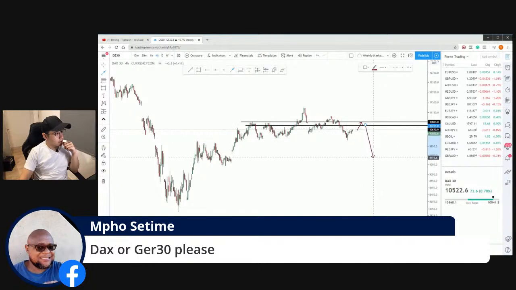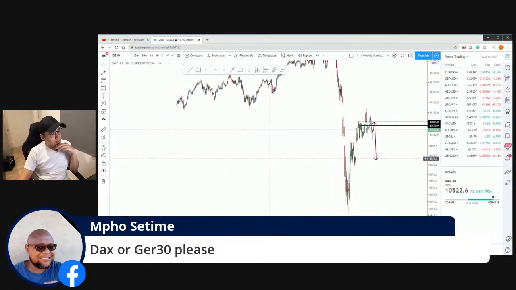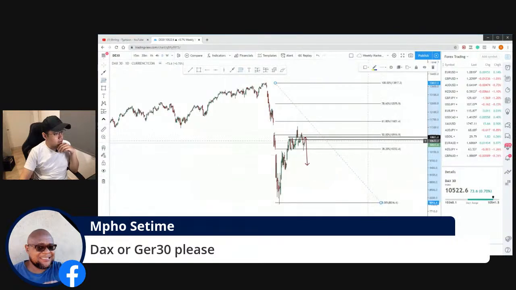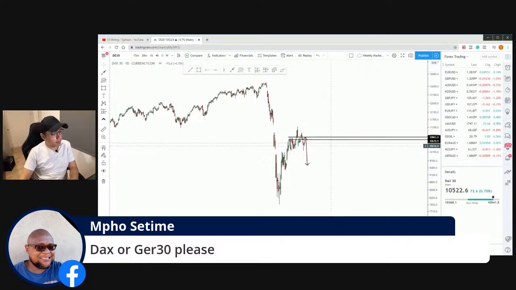We need to always respect the market trend. The market has dropped significantly and done a pullback, and this is also at the Fibonacci 50 to 61.8 area, so the market is likely to continue dropping for this pair.